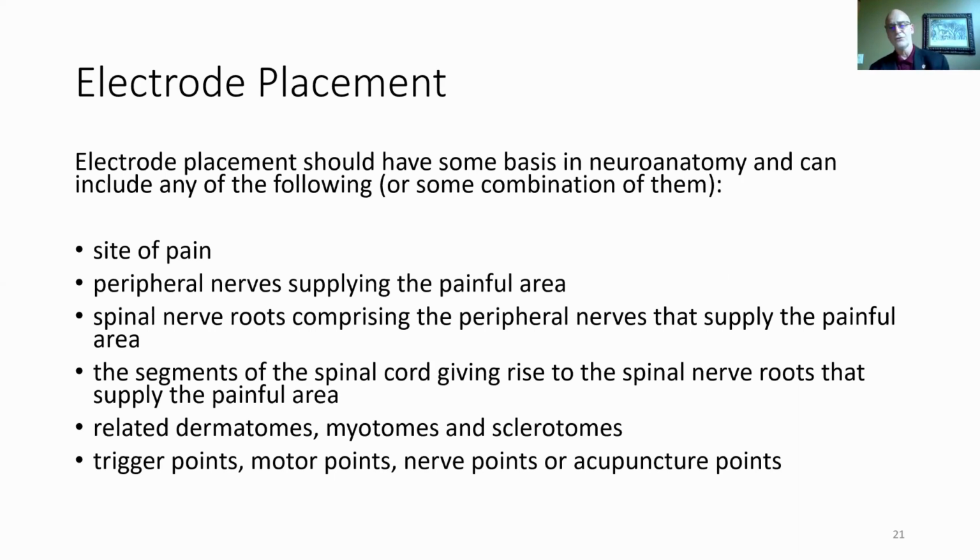You can try to use related dermatomes, sclerotomes, trigger points, motor points. But the great thing about this exam, you're not going to have to memorize acupuncture points, things of that nature. So the primary method that we usually try to look at is the site of pain.